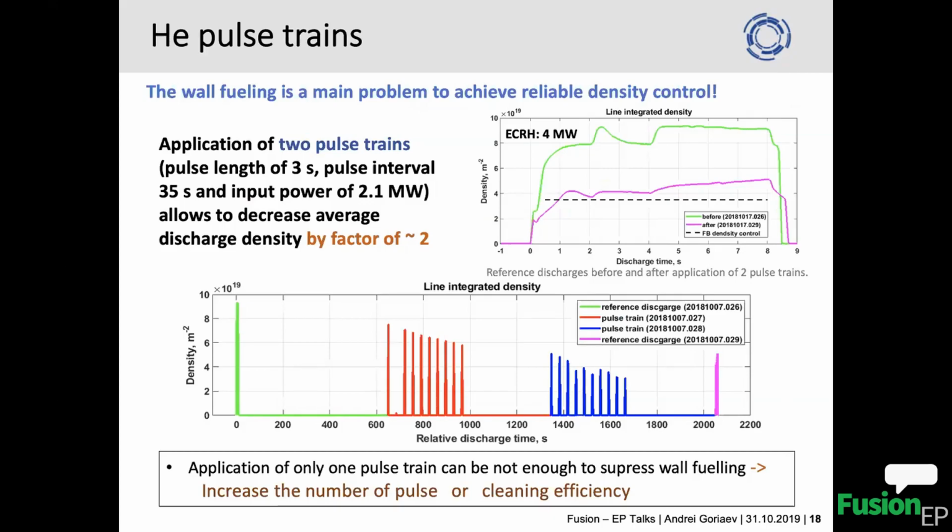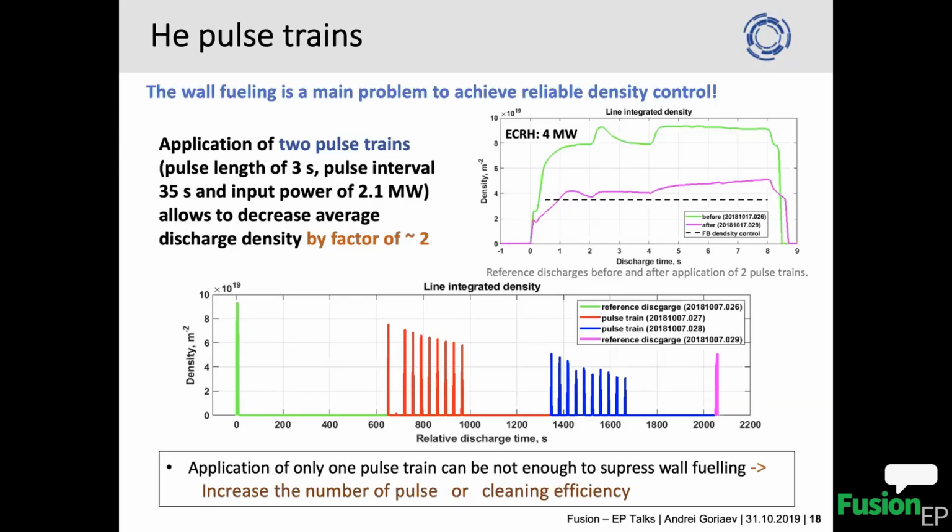But imagine if you have to operate your discharge at low density, and you have the problem of strong wall fueling. Meaning that you inject some gas, you expect to have one density, but it's 2 times higher, 3 times higher, which is not nice for your experiments.